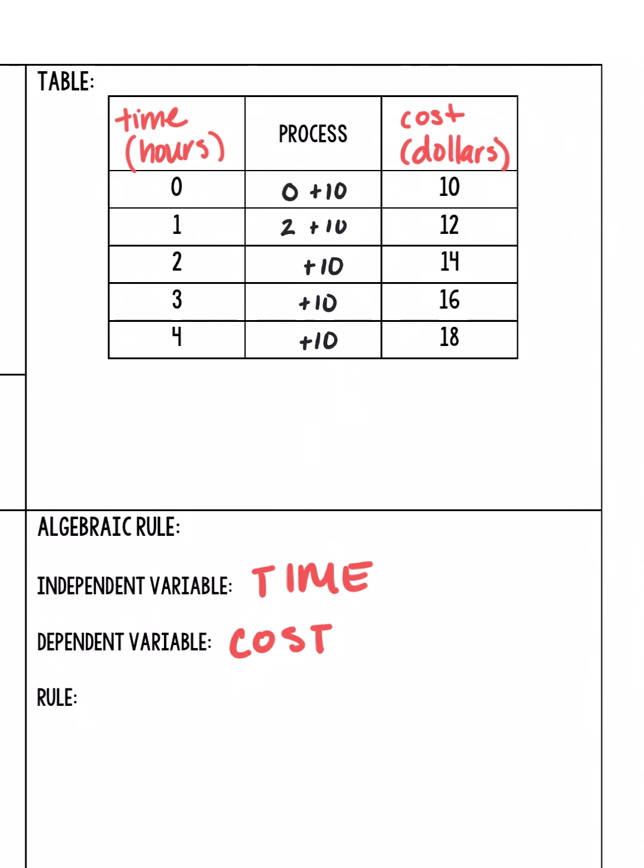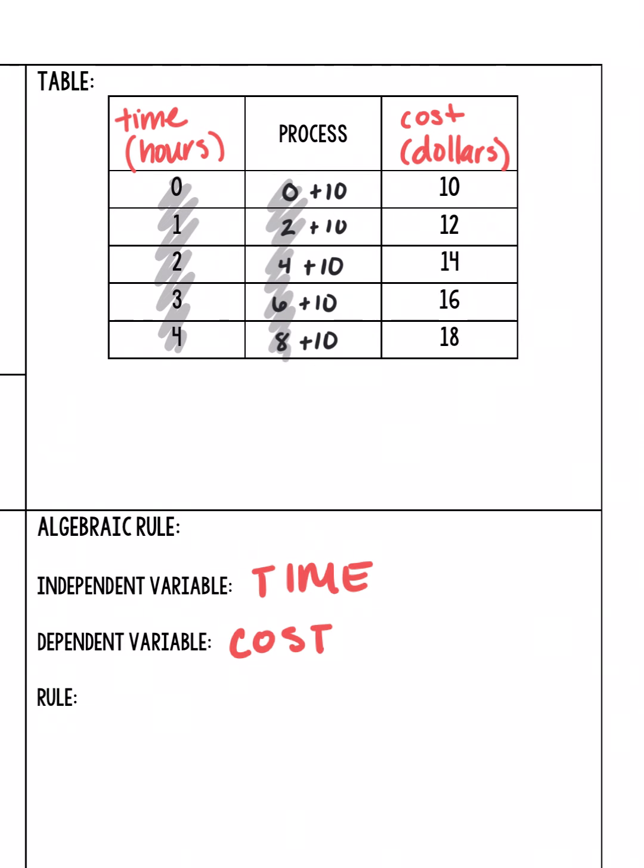To go from 10 to 14, I added 4. And to go from 10 to 16, I added 6, and so on. So I'm looking at this pattern. Now I want to see the relationship, because every single one of these has a plus 10, but how does this time piece relate to these numbers?